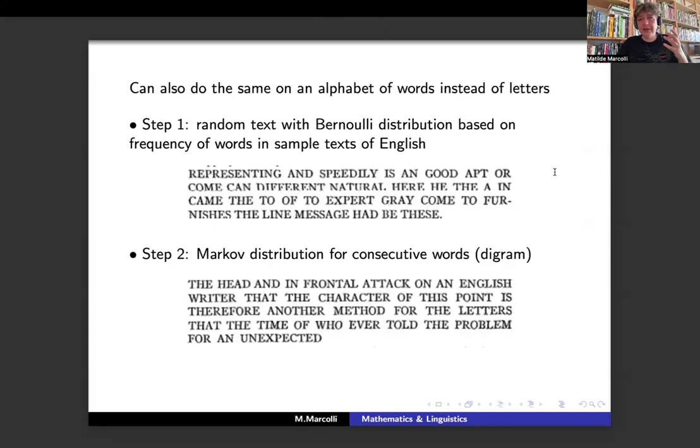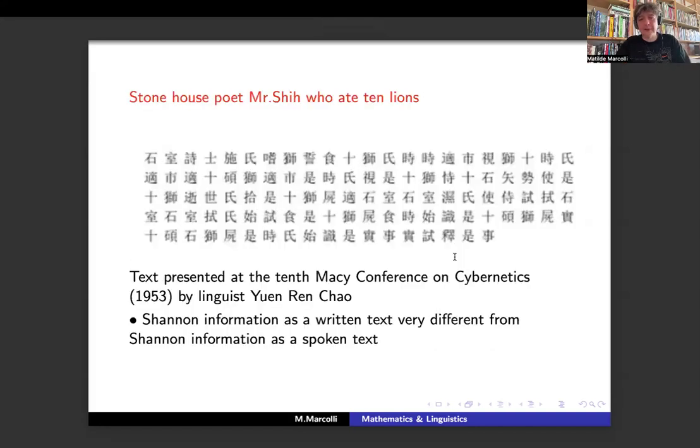Of course, you can do the same with entire words as your building blocks rather than single letters, and see how much these look like sentences. And again, from just the probabilities of single words and the probabilities of digrams, you get something that more resembles a sentence.